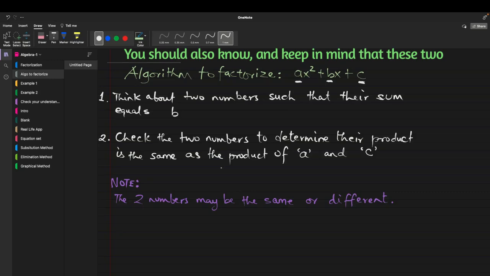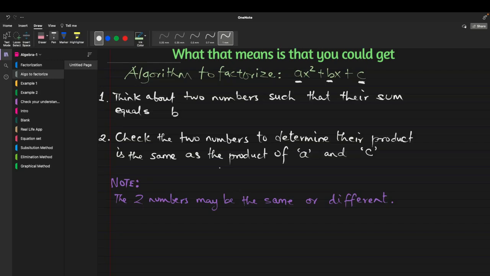You should also keep in mind that these two numbers may be the same or they may be different. What that means is that you could get a factor that repeats one more time, okay? And the two factors could be purely different expressions.